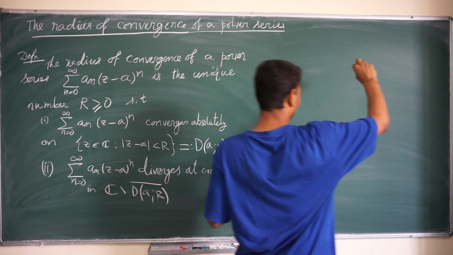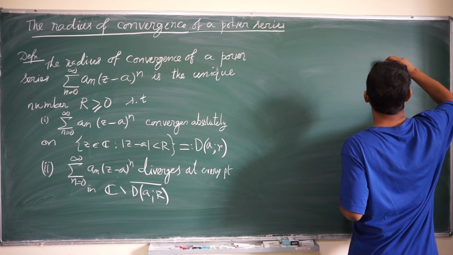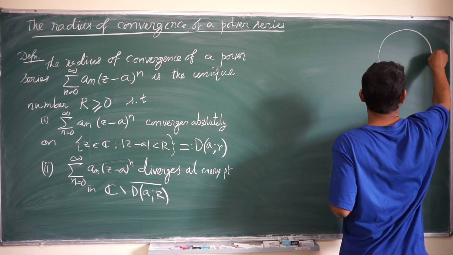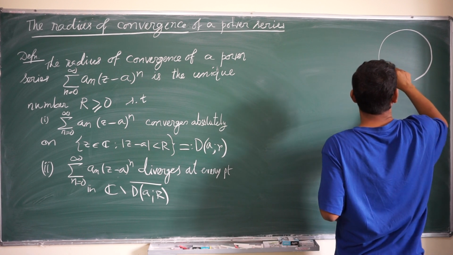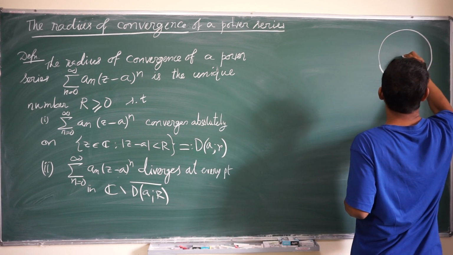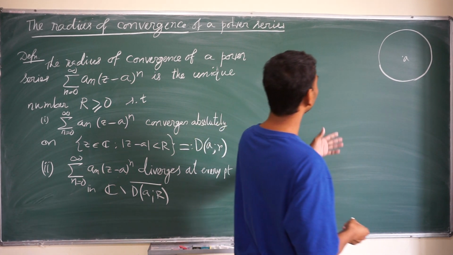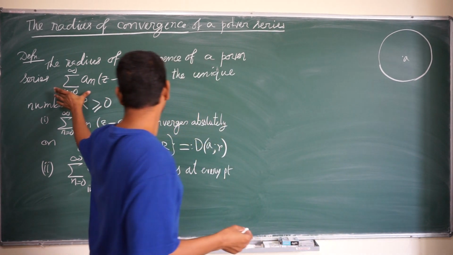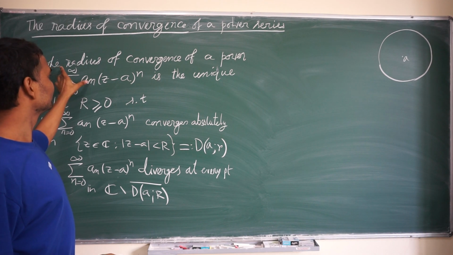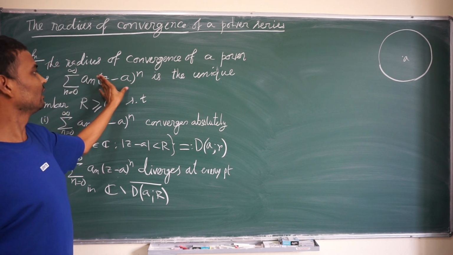So here it is. Suppose this is the point a and you are looking at a power series of this form, summation n equal to 0 to infinity a_n (z minus a)^n.